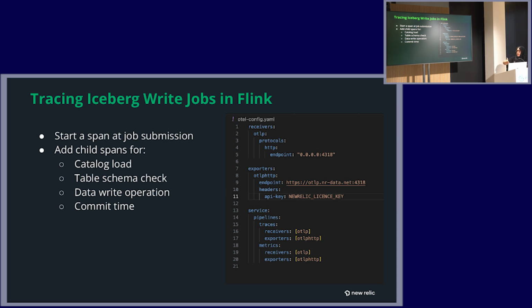And then we add child spans to it when the catalog is being loaded, when the table schema is being checked, data write operation, commit time, and that will give us quite helpful information, right? And we're going back to simple OTel configuration. Here I'm just defining that I want the traces and metrics. The exporter will be New Relic and the receiver is going to be OTLP, which is like the baseline.